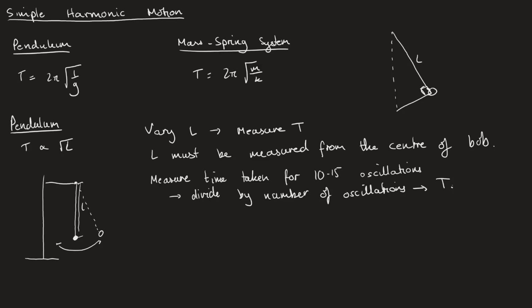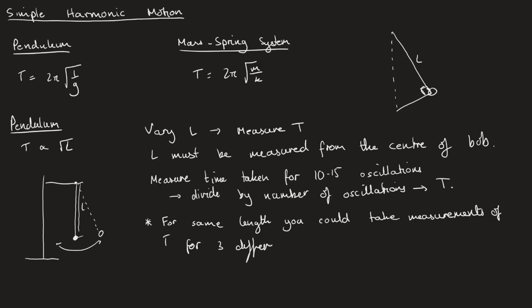We said in the simple harmonic motion video that one of the things that this is independent of is the starting position. Just to prove this a little bit further, for the same length, you could, if you have time, take measurements of T for 3 different starting positions.